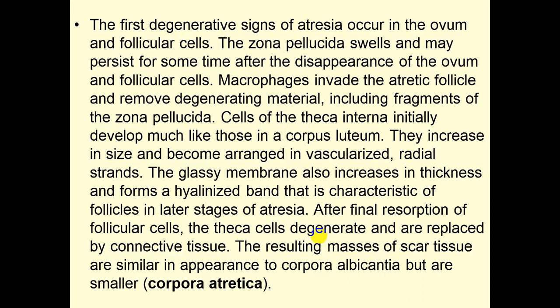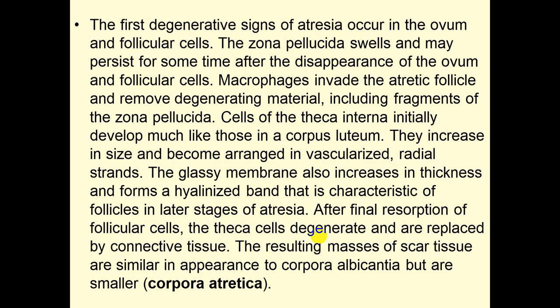Others also undergo atrophy. Atrophy means that atrophic processes take place in the ovum and follicular cells. The zona pellucida swells and may persist for some time after the disappearance of the ovum and follicular cells. Macrophages invade the atretic follicle and remove degenerating material, including fragments of the zona pellucida.